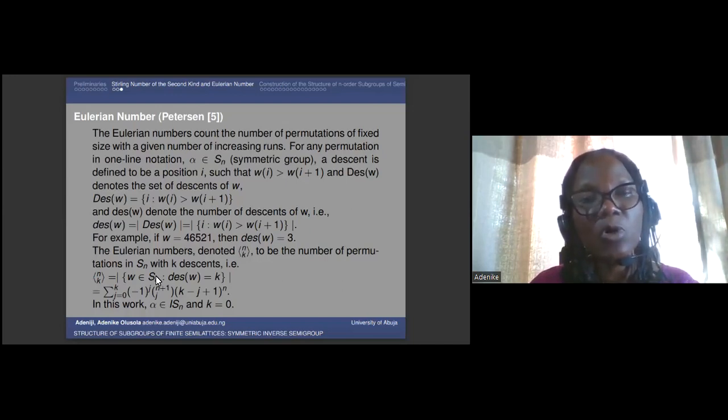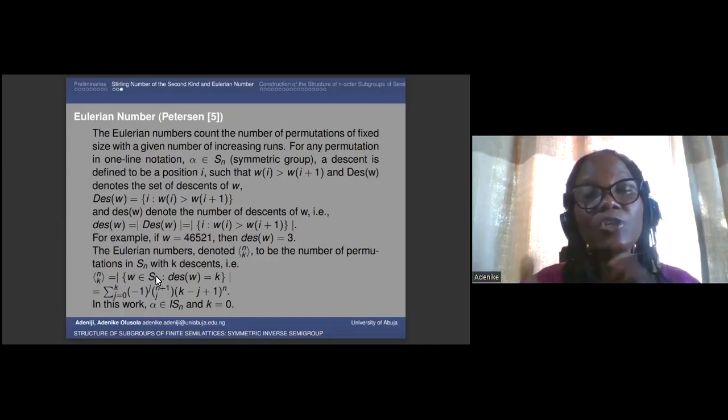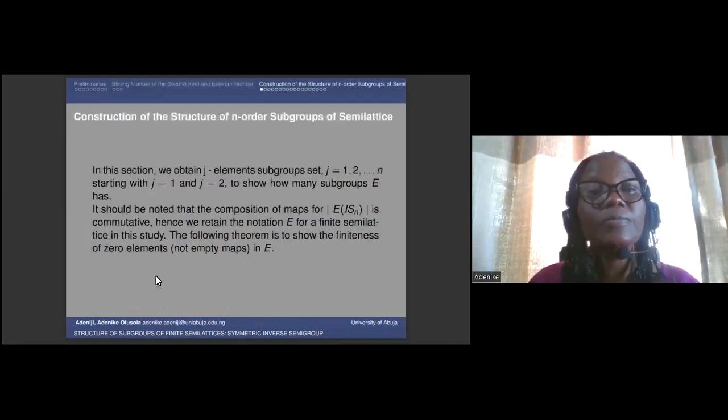In this work, the K that counts the number of descents is 0 using the Eulerian numbers. But when we are using it, K is going to be 1, because that is the column for the Eulerian numbers for k equal to 1, and that is the result we are able to obtain.